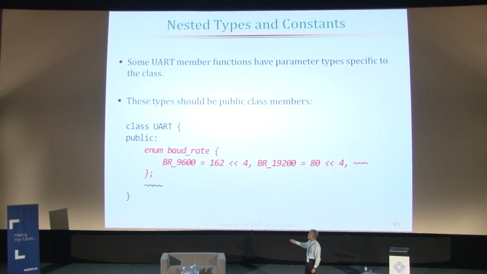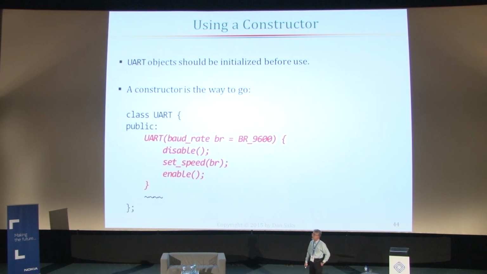And so I think an appropriate thing to do is to make that a public enumerated type in this case that defines the various constants. You might have typedefs in there or other constants, and it's appropriate to make them part of the public interface.